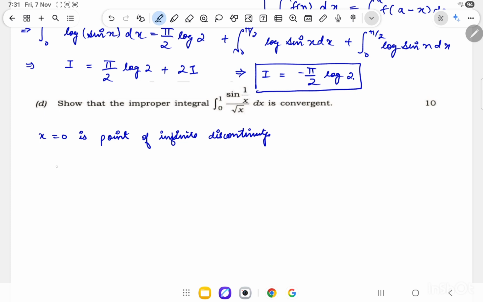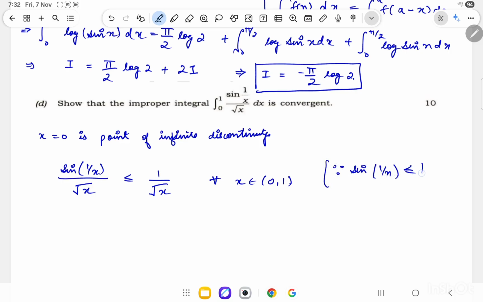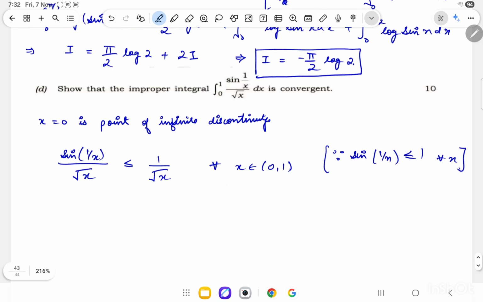Now we'll use the comparison test, because sin of 1 by x divided by square root of x will be less than or equal to 1 by square root of x for all x between 0 and 1, because sin of 1 by x is less than or equal to 1 for all x. So because of that we are able to comment on this.